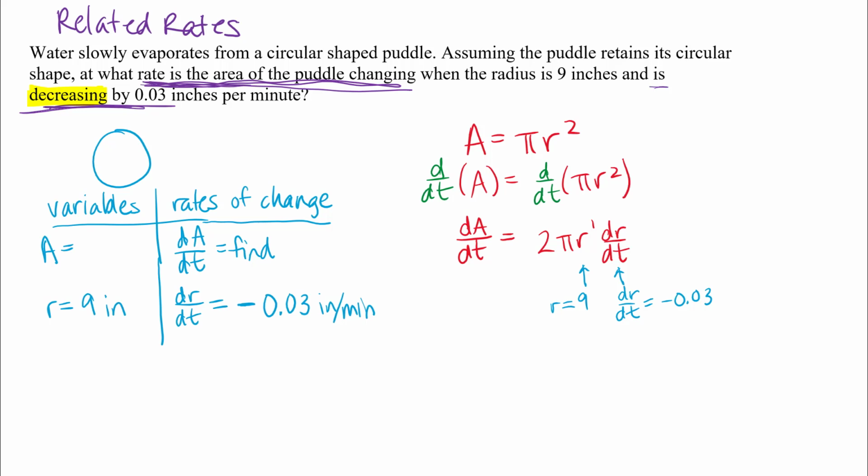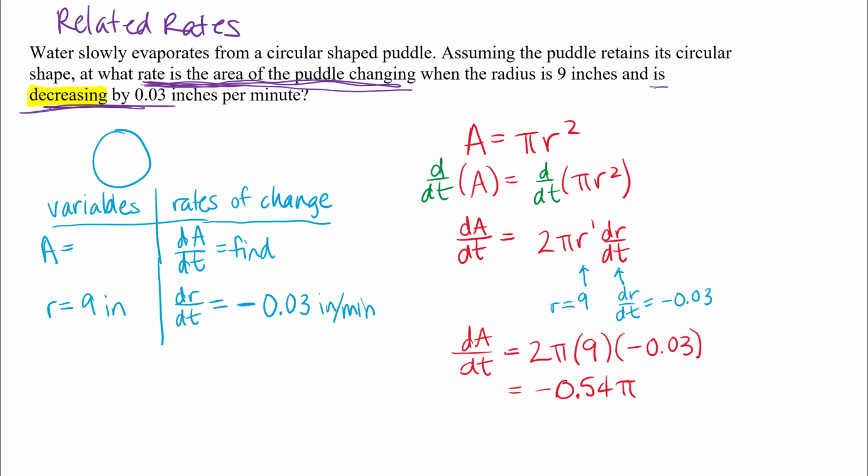So I have dA/dt equals 2 pi, my r was 9, and my dr/dt was negative 0.03. Okay, so I'm going to go ahead and simplify that. I might take 2 times 9 times negative 0.03 and write that as negative 0.54 pi.